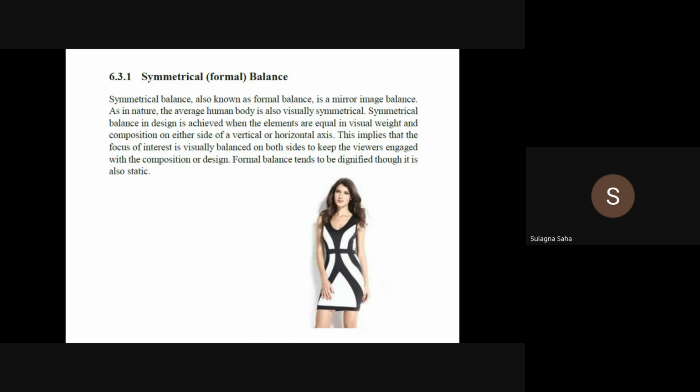So the idea would remain that the focus of interest is visually balanced on both sides, keeping the viewers engaged with the composition of the design. Most of our formal wear is done through symmetrical balance because it gives a very dignified look, though it also gives a static look.